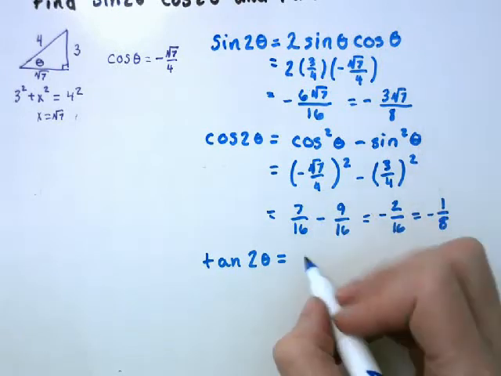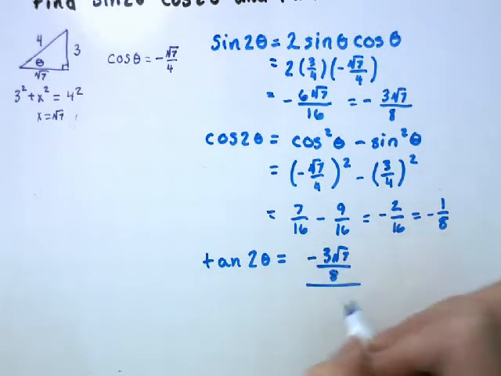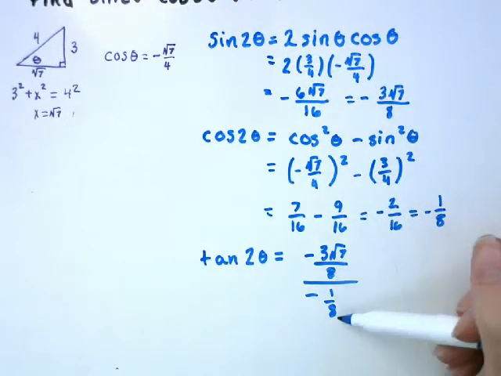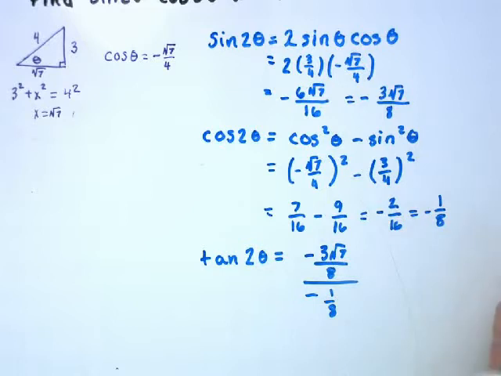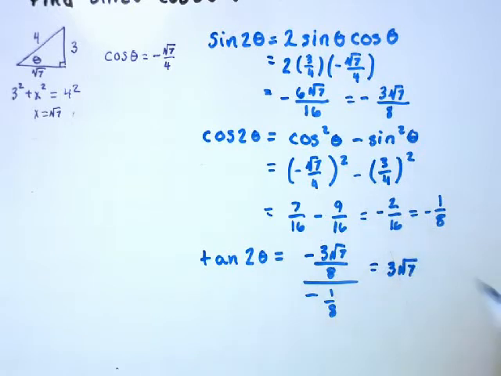So that's going to be negative 3 root 7 over 8 over negative 1/8. Well, they have the same denominator, so those go away. Negative over negative is positive. 3 root 7 over 1 is just 3 root 7.